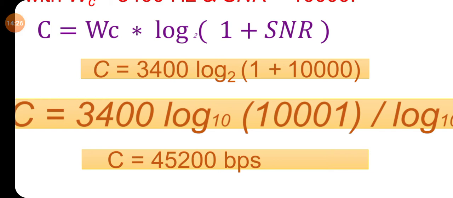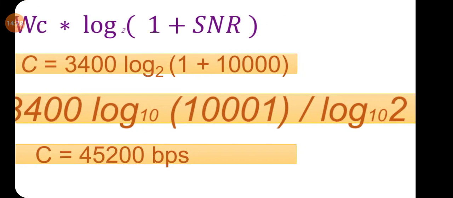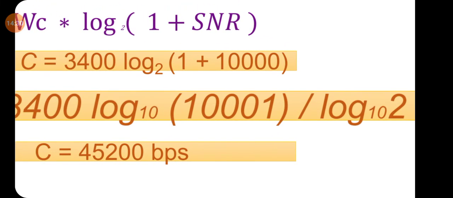To convert it to base 10, we are dividing it by log 2. Understood? So this step is necessary to convert log of base 2 to log with the base 10.